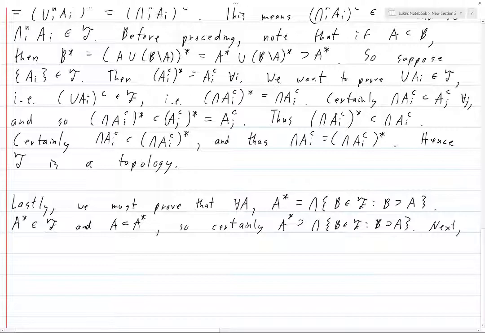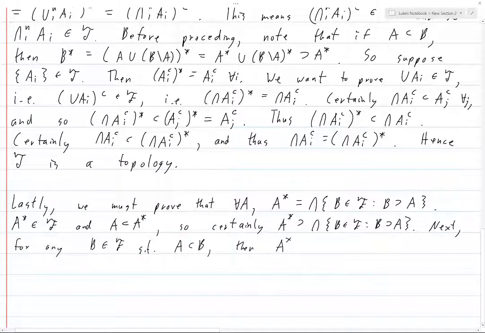For the other direction, for any closed set B such that this closed set contains A, what happens if we take the star of this inclusion?